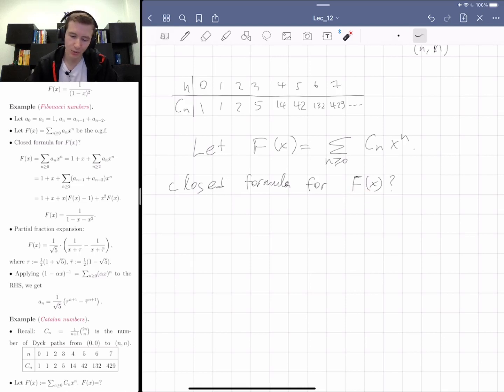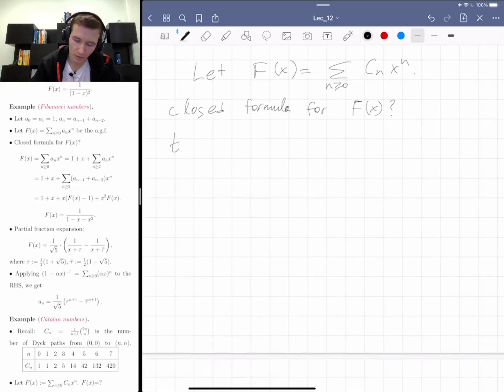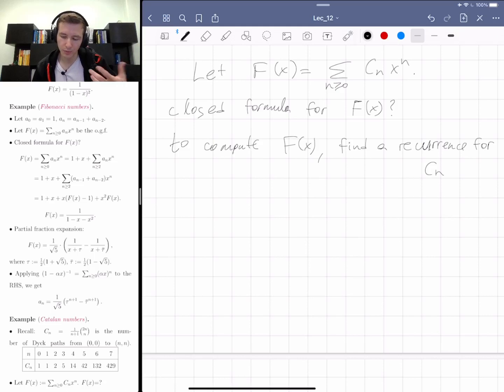To get the answer, what I'm going to do is find a recurrence for the Catalan numbers. Previously we did bijections, but the Catalan numbers satisfy a nice recurrence.